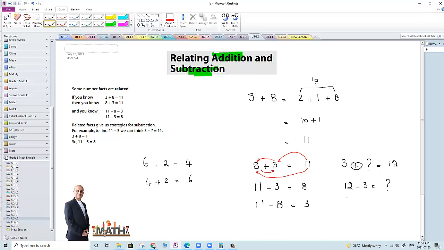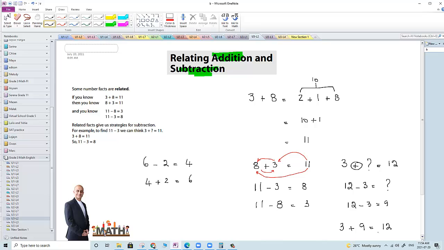And I know that 12 minus 3 equals 9. So now I can check my answer. Is 3 plus 9 really equal to 12? Yes. So from here you see that the relation between subtraction and addition is very strong. It can help us to find missing numbers.